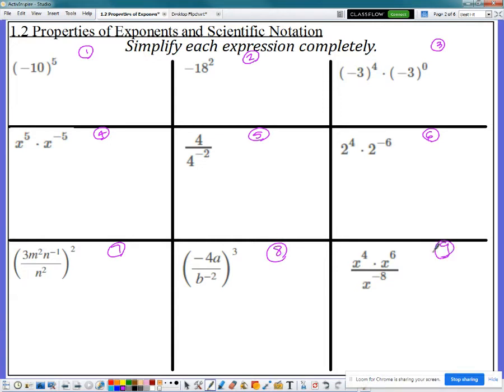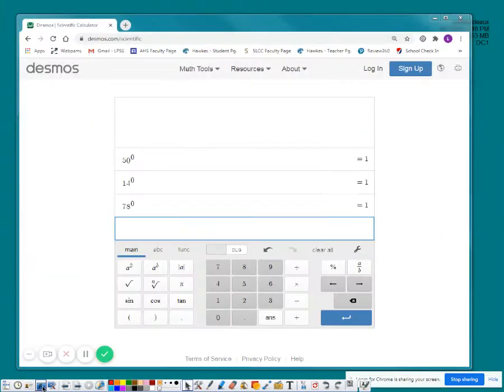All right, so if you look at numbers 1, 2, 3, 5, and 6, they all have numbers. There's no variables anywhere. That means for these 5 examples, we can take them and type them straight into our Desmos calculator. So for number 1, let's go ahead and type that in. I'm going to go ahead and just clear this calculator.